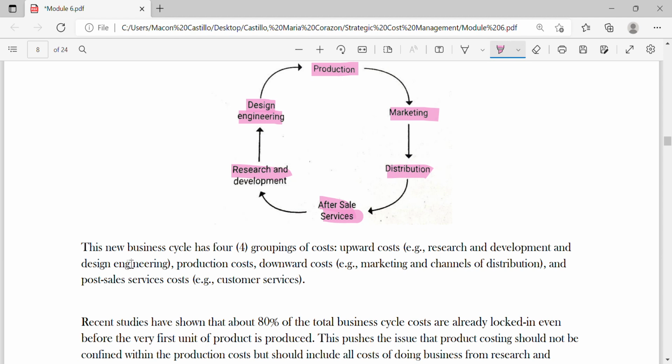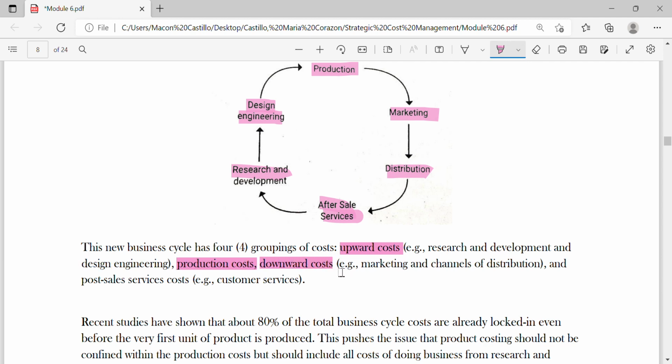So, considering this new business cycle, costs are being classified into 4 groups. Upstream cost pertains to those expenditures related to research and development and design engineering. Production cost, literally, are the cost in manufacturing the product.